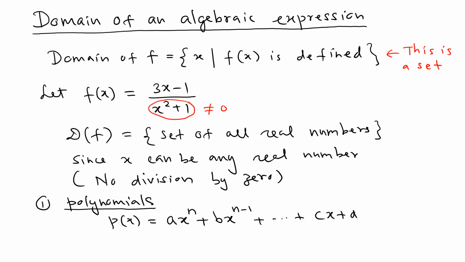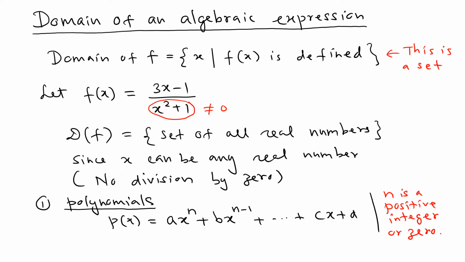We assume that n is a positive integer or 0. If it is 0, you just get a constant, but that's a special case.